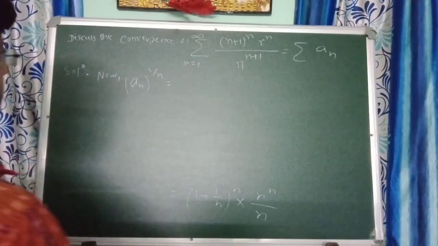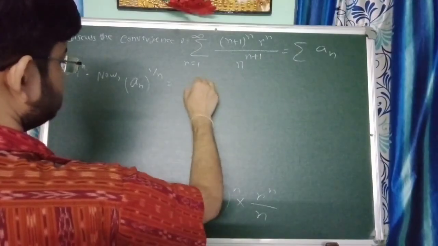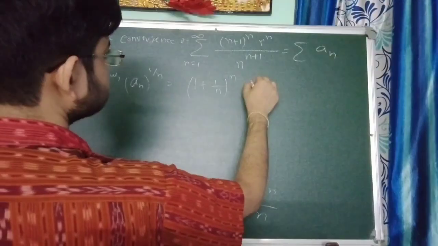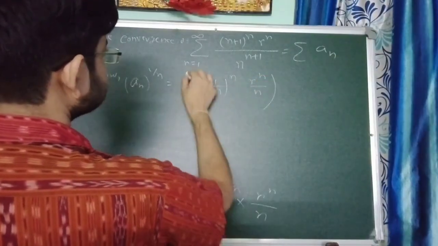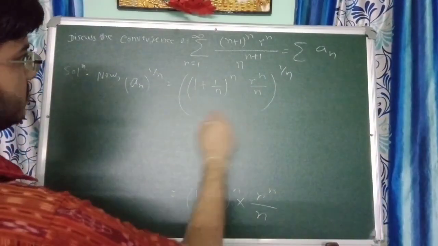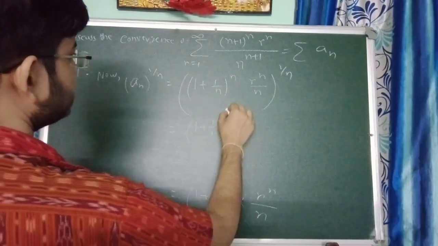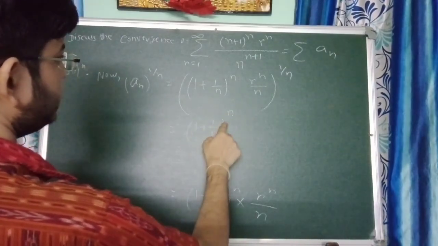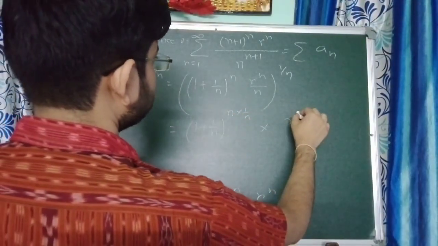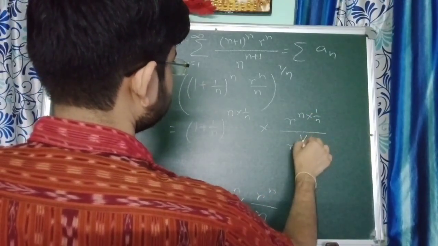So a to the power 1 by n, this expression to the power 1 by n, so this becomes (1 plus 1 by n) to the power n into 1 by n, into r to the power n into 1 by n, divided by n to the power 1 by n.